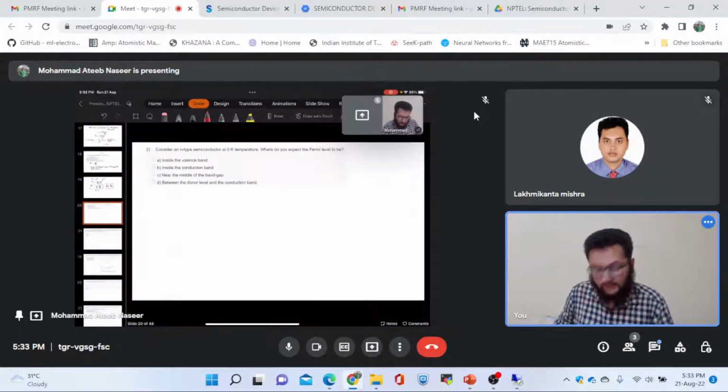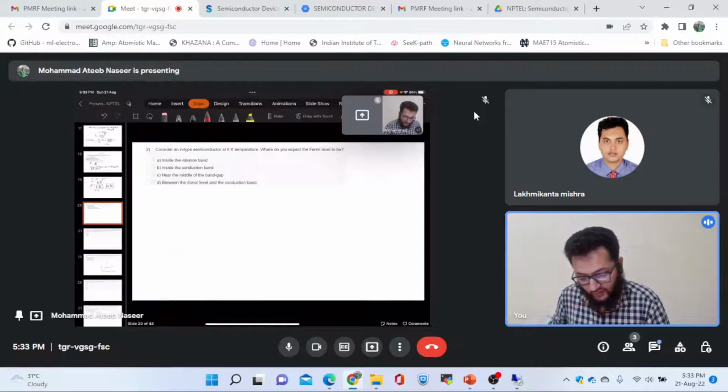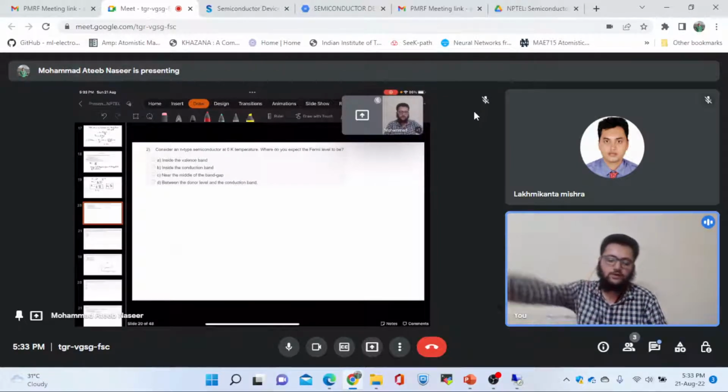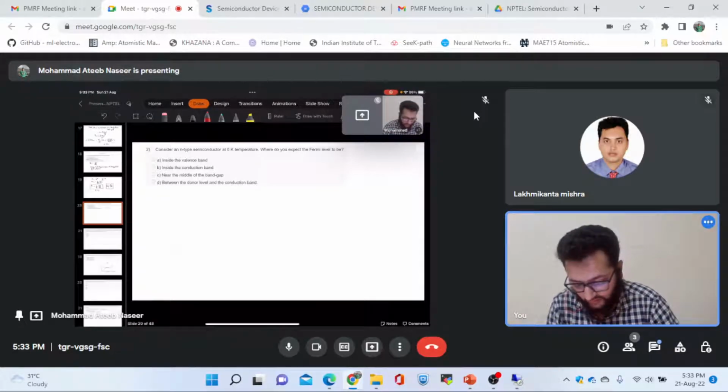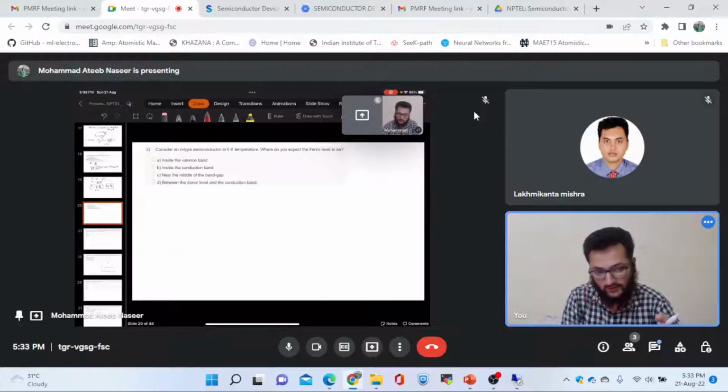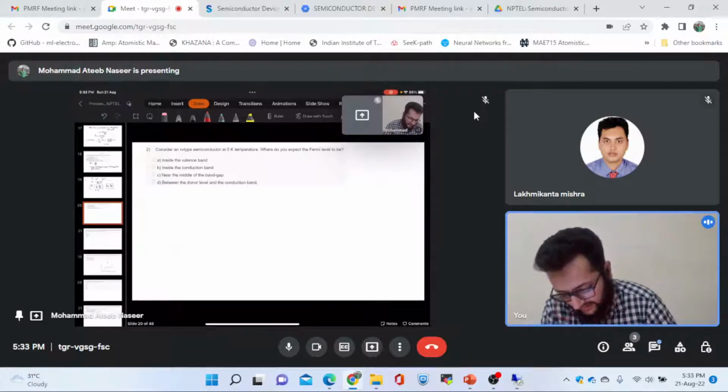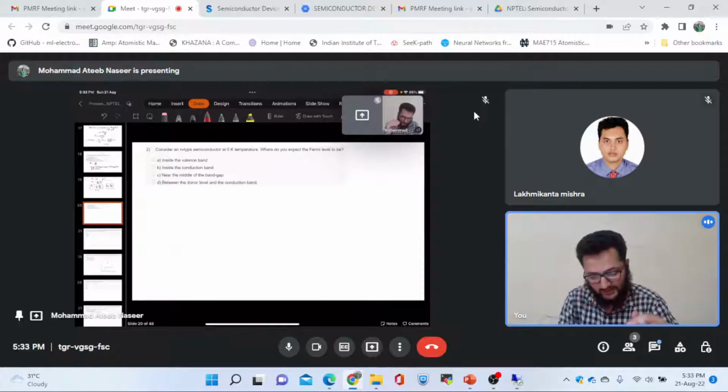Now this is question two, and it is also a somewhat conceptually demanding question. It is about the Fermi-Dirac distribution. It states that we have an n-type semiconductor and we have been told to find its Fermi level. Let's get it clear that for an n-type semiconductor, the Fermi level will simply be above the mid level, not below it.